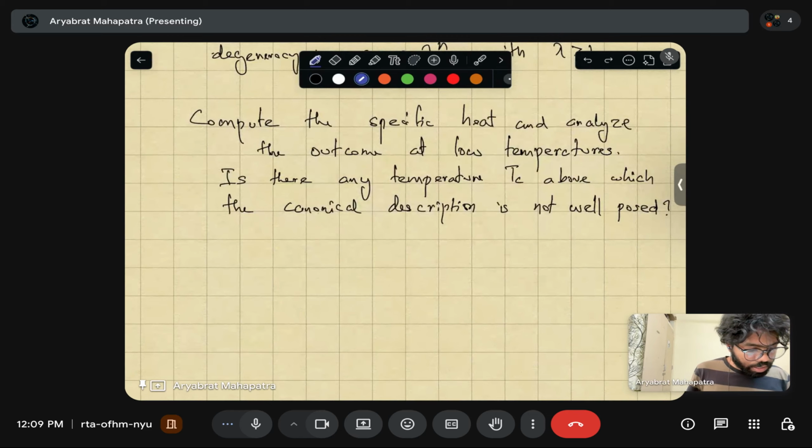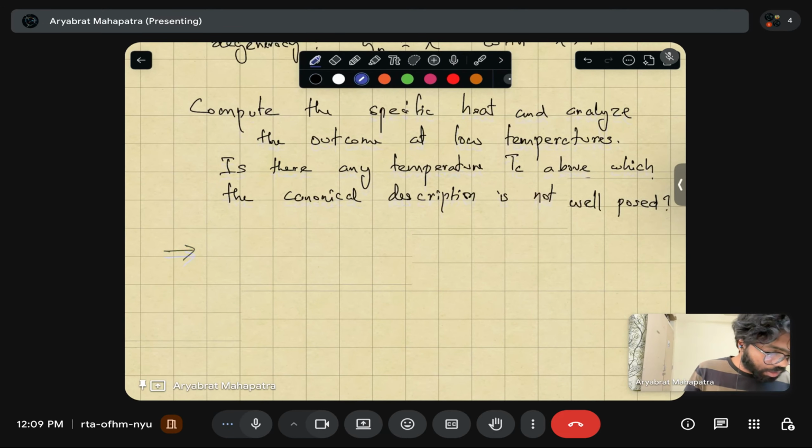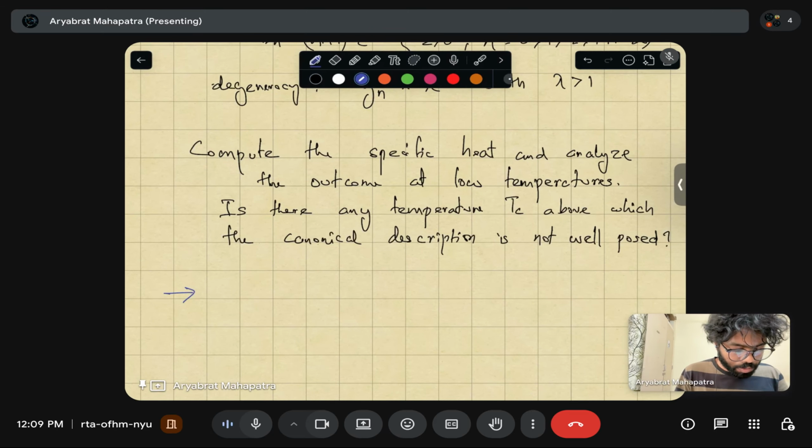So as I was saying, this follows the same way as what we just did before. If I go on to calculate the specific heat, the usual process is to start with the partition function as always.